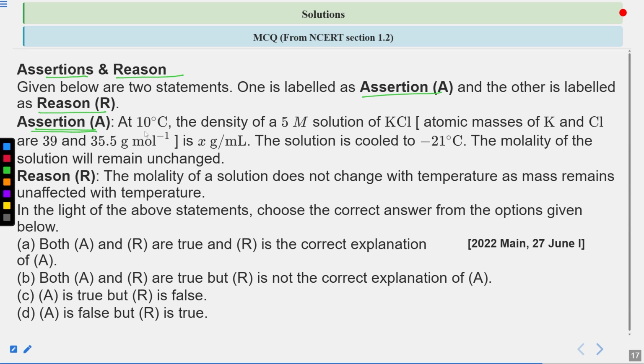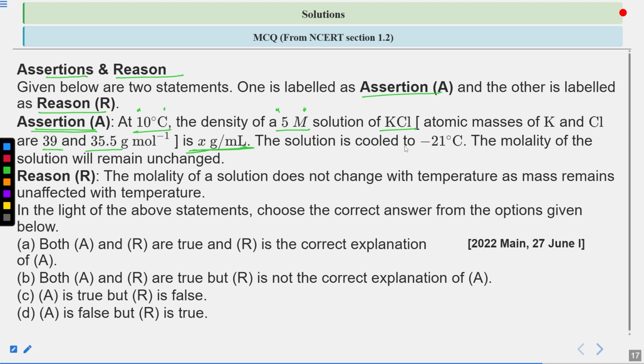The assertion statement is: at 10 degrees Celsius, the density of a 5 molar solution of potassium chloride, where the atomic masses of potassium and chlorine are 39 and 35.5 gram per mole respectively, is x gram per milliliter.